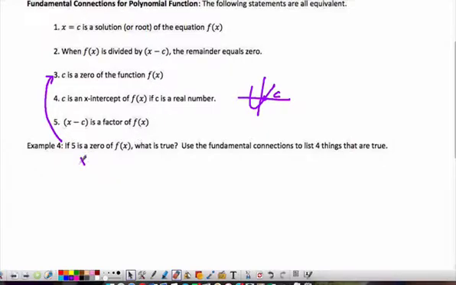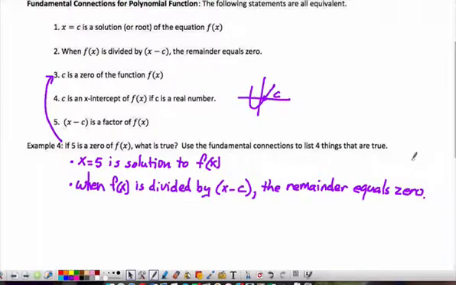Well, then x equals 5 is a solution. So if it's a 0, it's also a solution to f of x. There's one thing. We can just go down the list. Now, if x equals 5 is a solution to f of x, and 5 is a 0 of f of x, then when f of x is divided by x minus c, or in this case 5, the remainder equals 0.